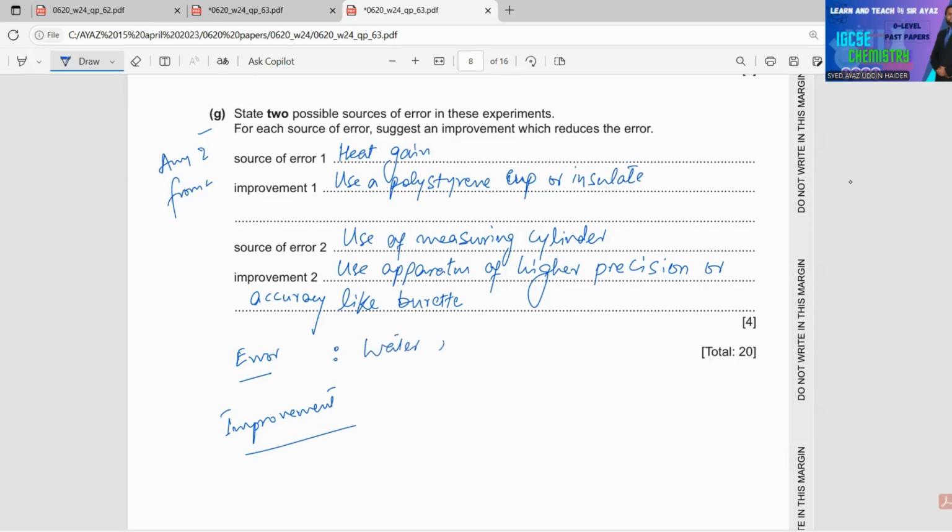Water already present in the boiling tube. Dry test tube.